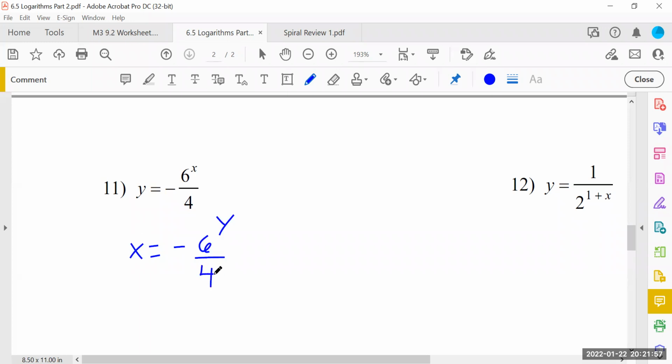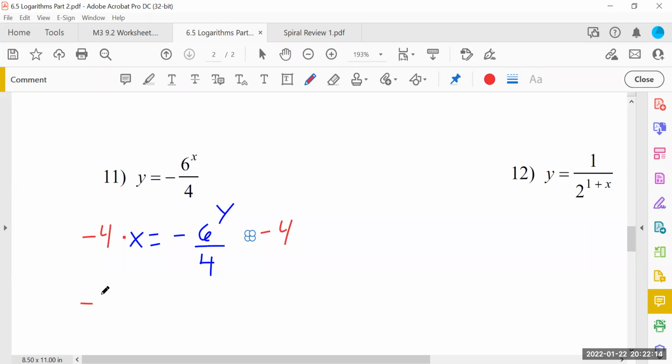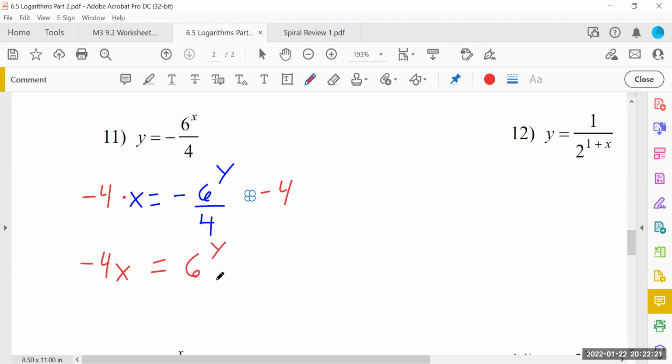There we go. Now I need to get the number to a power by itself. So I'm going to go ahead and multiply both sides by negative 4 to undo this dividing by a negative 4. So times negative 4, times negative 4. So I've got negative 4x is equal to 6 to the y power, right?